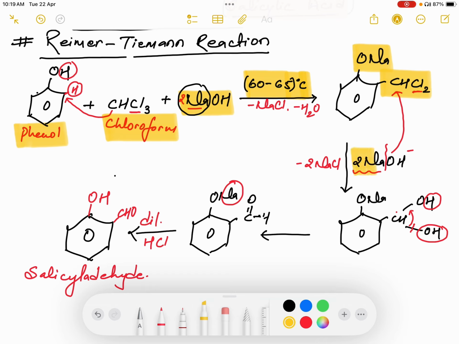Next, it is again treated with NaOH, and there will be the removal of 2Cl, and here we will have 2OH groups. Further, there will be the removal of one H2O molecule, and this will transform into an aldehyde group, which is further treated with HCl to form salicylaldehyde. So it's a multi-step reaction, but you need to do it in certain steps.